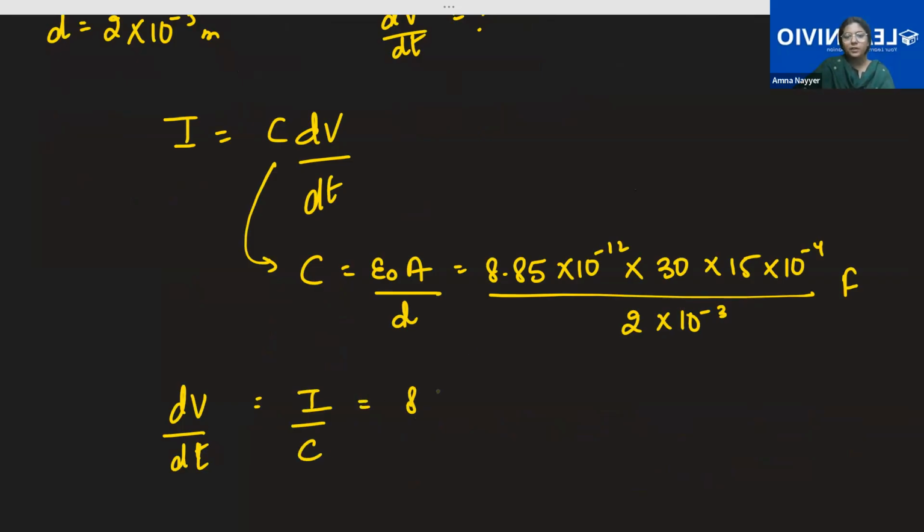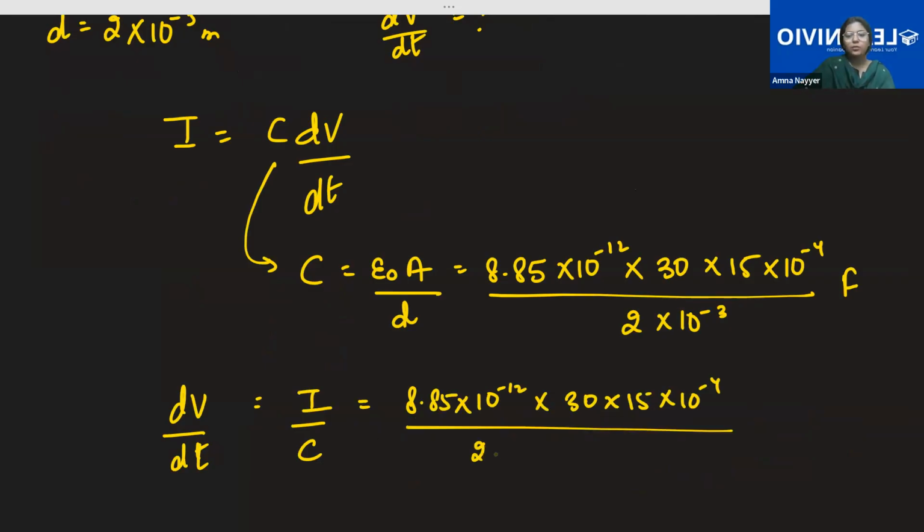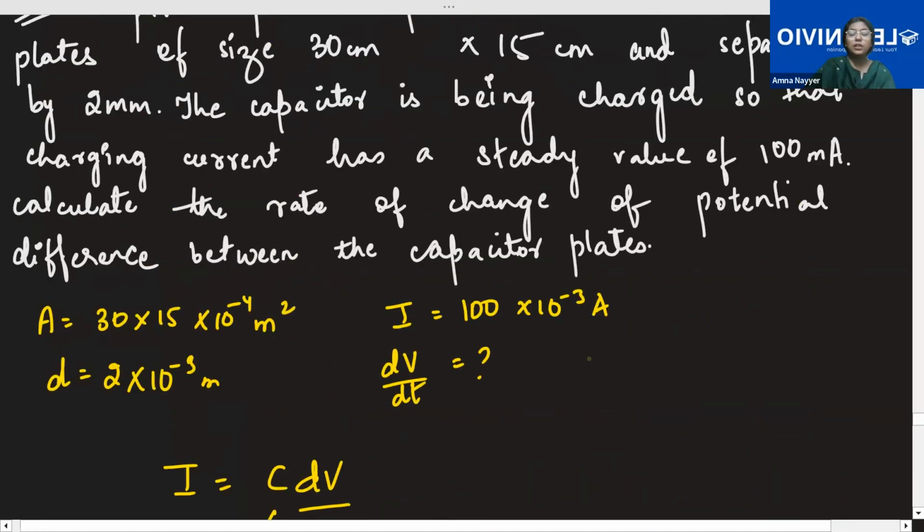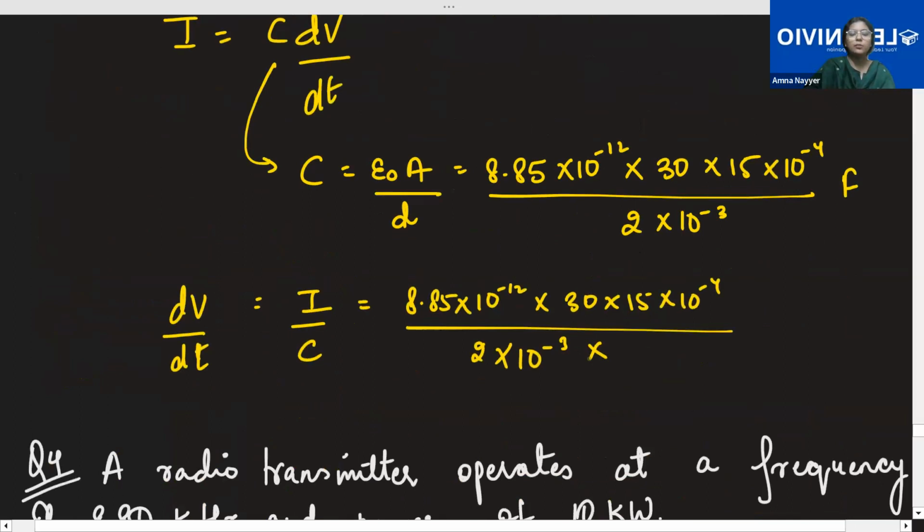So this whole term, 8.85 into 10 to the power minus 12 into 30 into 15 into 10 to the power minus 4 by 2 into 10 to the power minus 3, is the capacitance. The current will be 100 into 10 to the power minus 3.